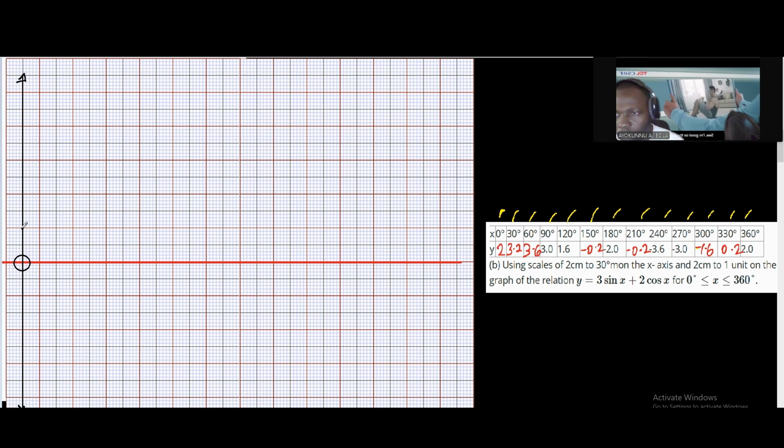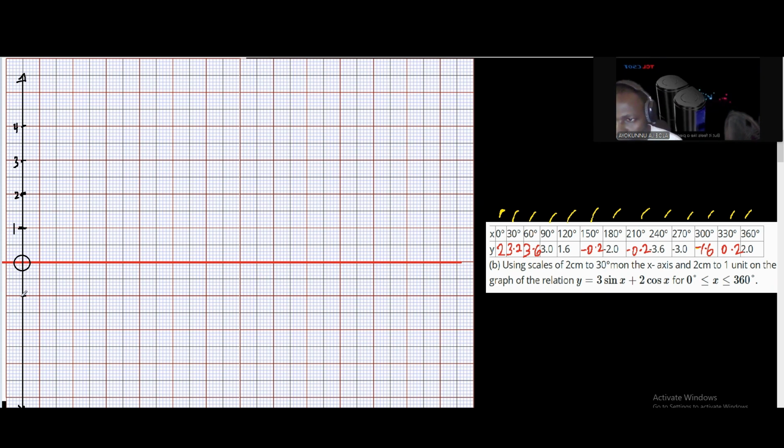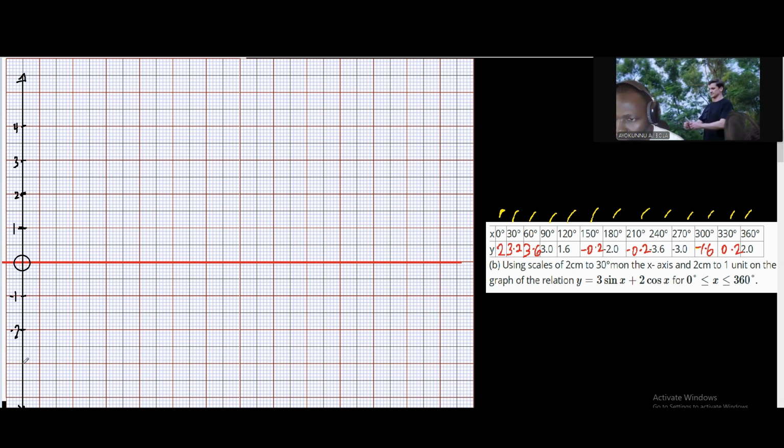So this is 1 and this is 2, while this is 3 and this will be 4. Then the bottom ones: -1, -2, -3 and -4, okay?